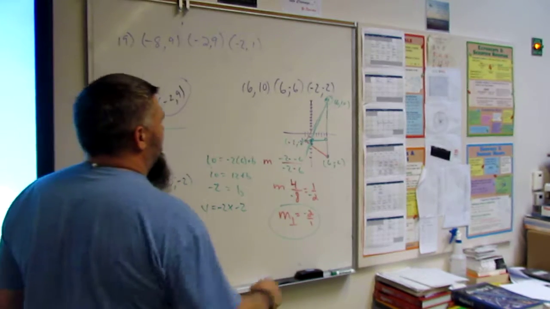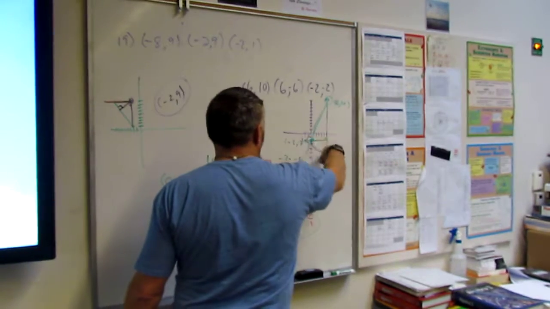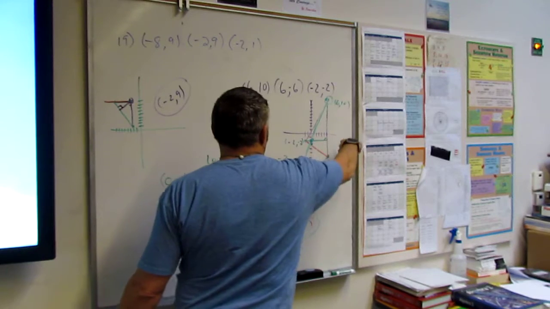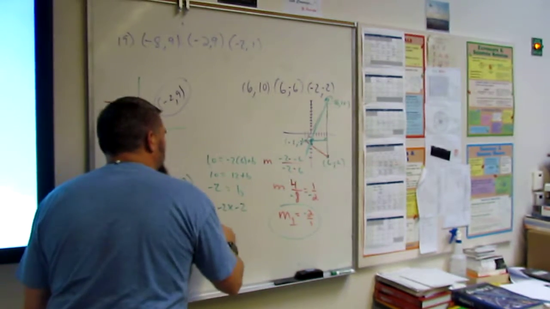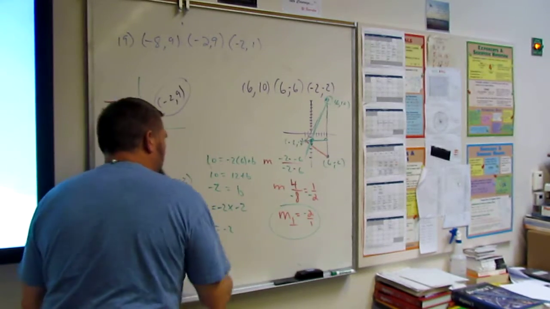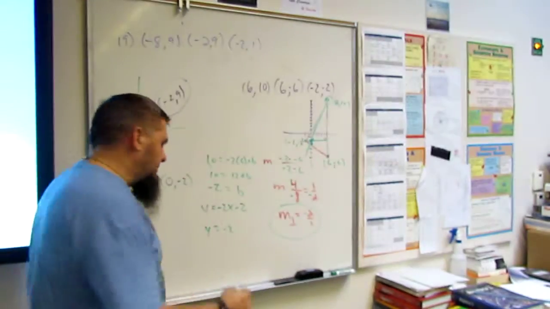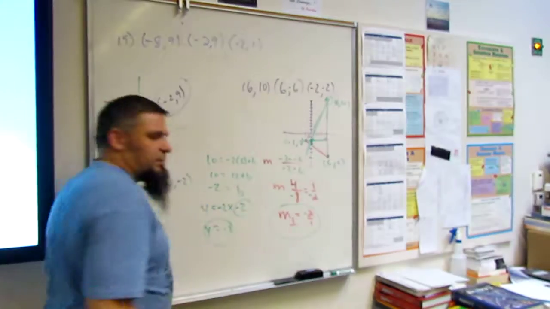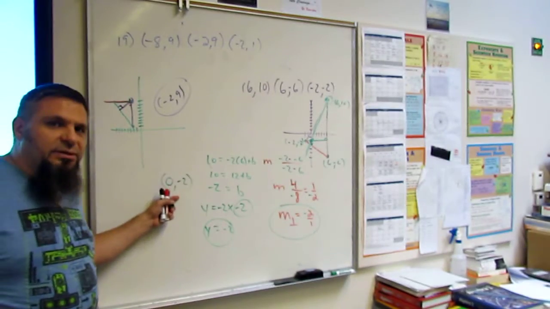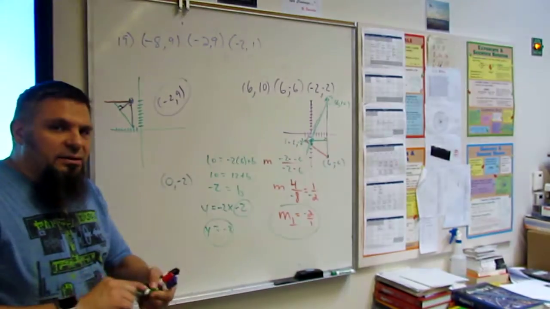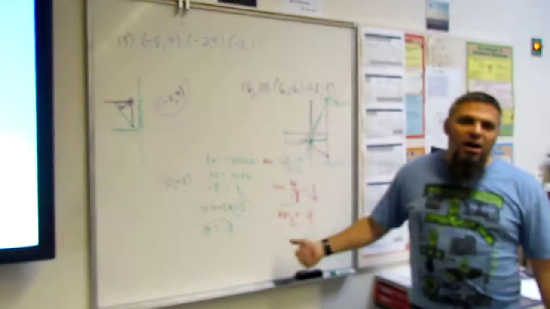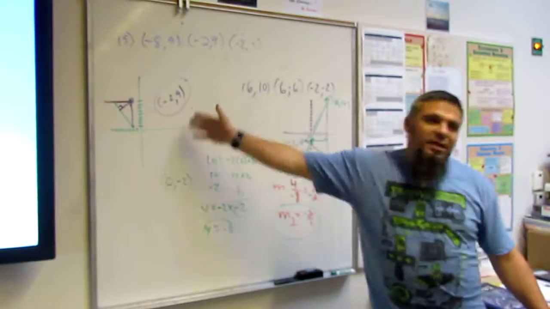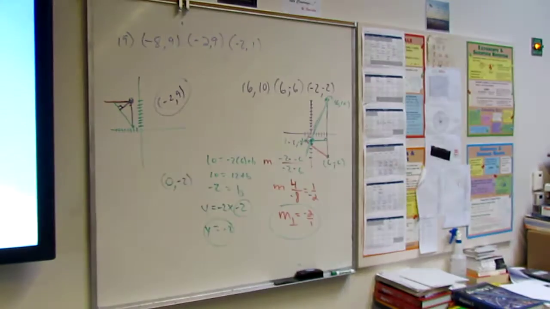And the other one, this one, y is equal to -2. So they're going to intersect at 0, -2. That's where they're going to intersect. And that's where the orthocenter is for this one. So that was a lot harder than this guy. Okay?